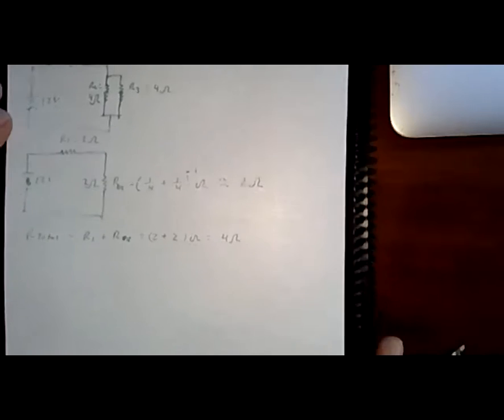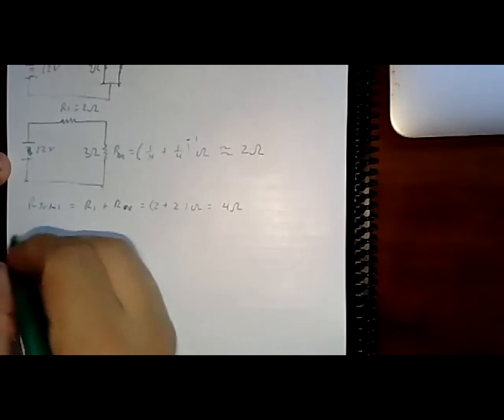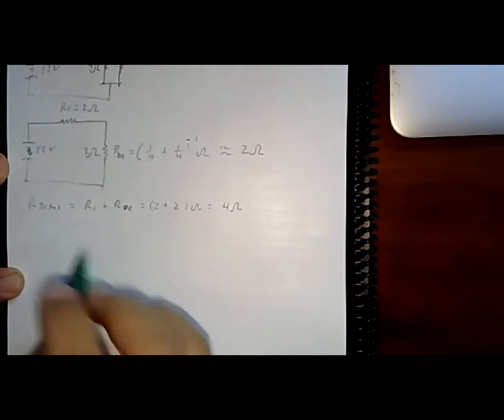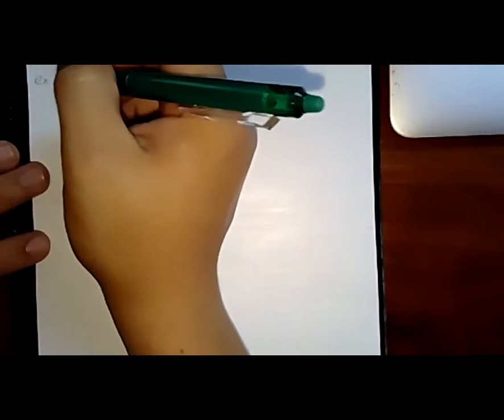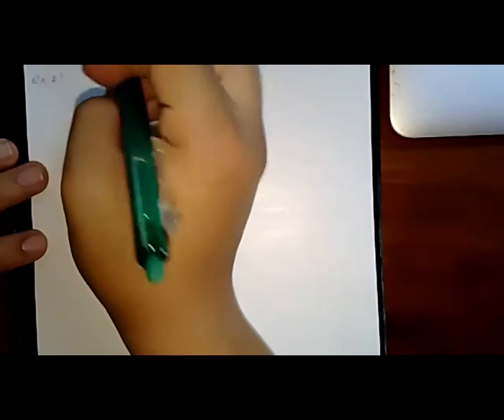Okay, so there's another example here. Yeah, I'll do it on the next page. This one will make it a little bit more complicated, and then we'll calculate current and so on.